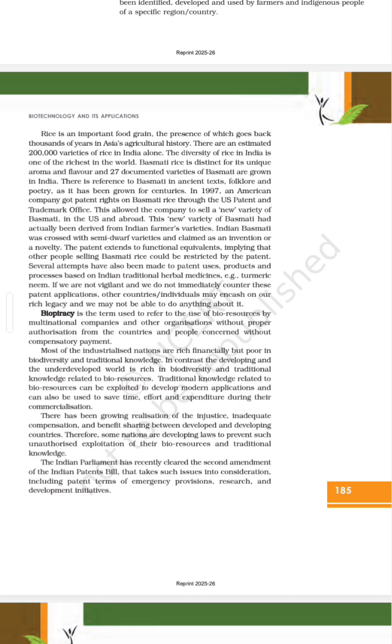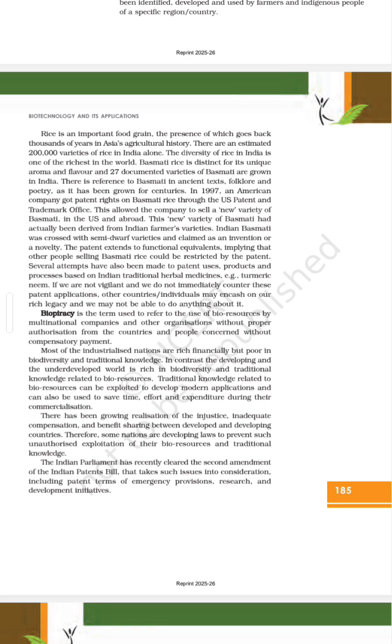So try to just think of it. Basmati was India's own rice. It was created by Indian farmers, but an American company all of a sudden got patent rights on basmati rice through the US Patent and Trademark Office.